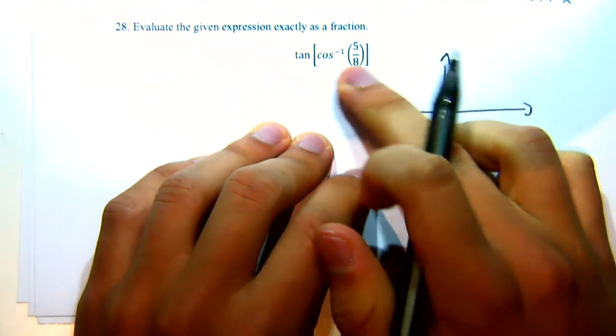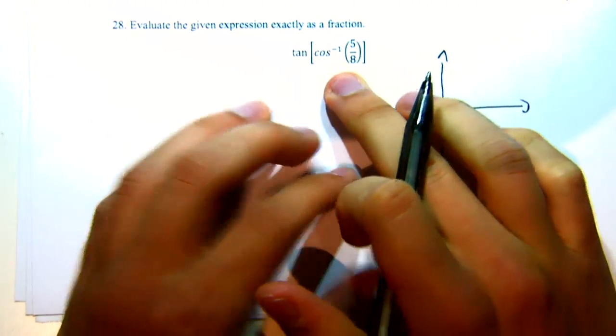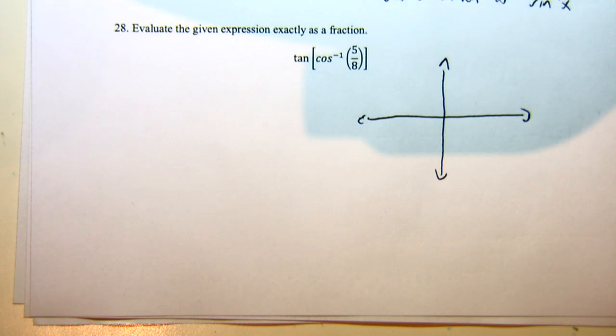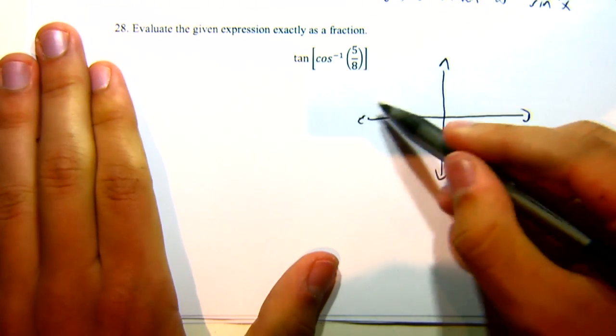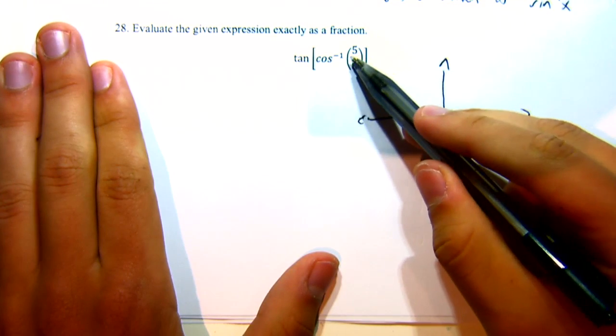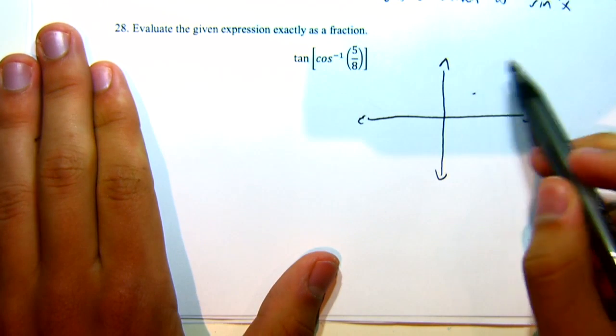And for an inverse cosine function, which quadrants are we working with? For inverse sine, we have 1 and 4. What about cosine? 1 and 2. Okay, good. So for inverse cosine, it's either 1 or 2. And in this case, it's a positive number, so we know positive x, so it should be 1.